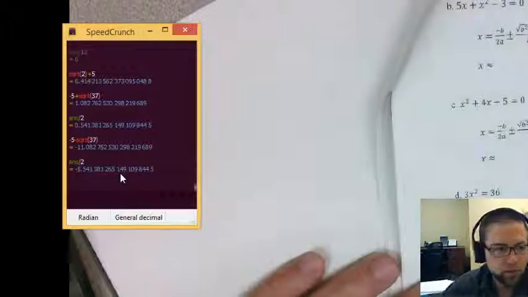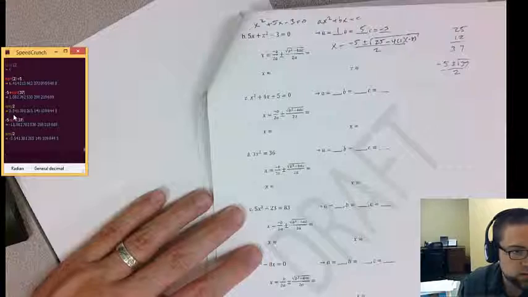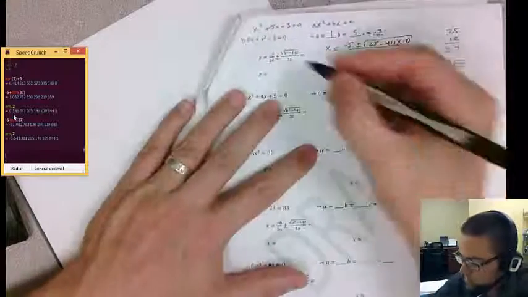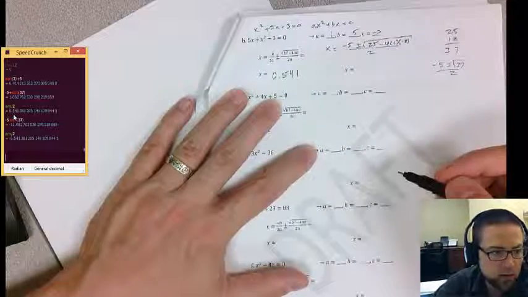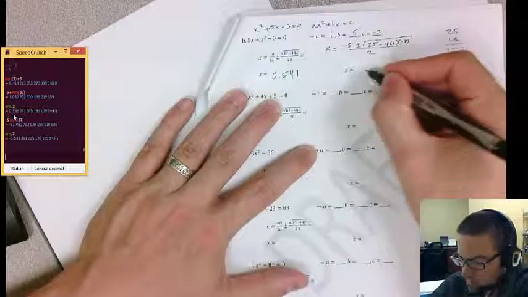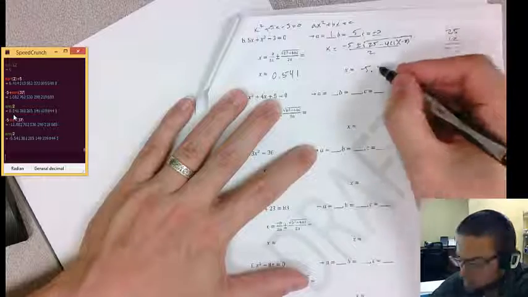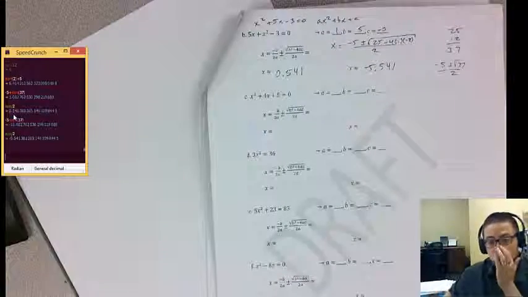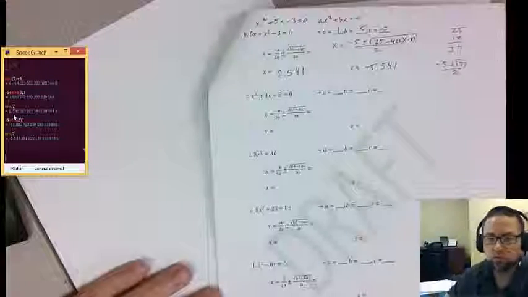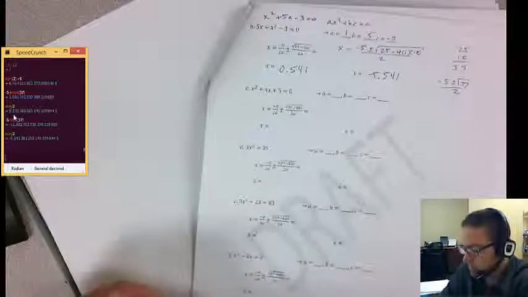So my two options are 0.541, and my other one is negative 5.541. Okay, so those are my two solutions, and that's how you would do those problems there.